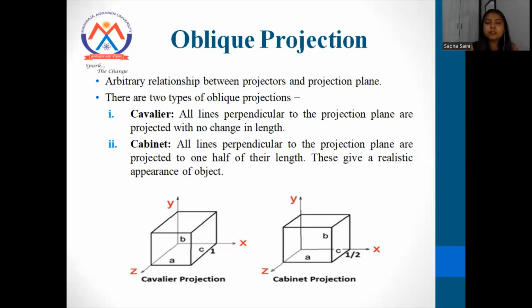All lines perpendicular to the projection plane are projected to 1/2 of their length. This gives a realistic appearance of the object. As we can see, the second one, the cabinet projection, appears to be more realistic, right? I hope you get the oblique projections.